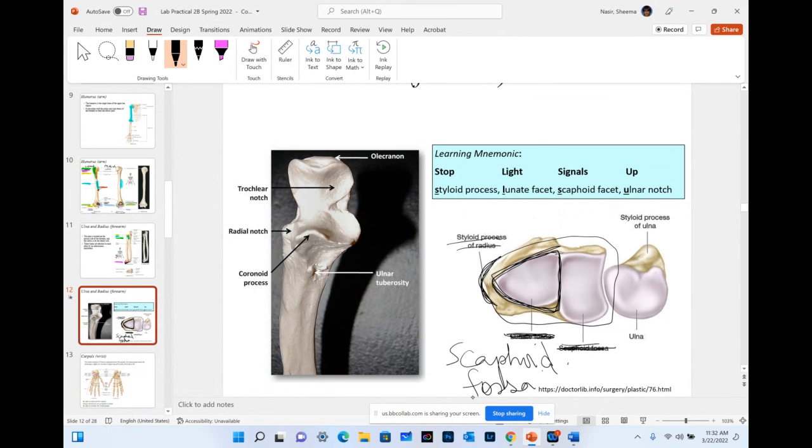And this one right here is lunate. You can call it fossa or facet: lunate fossa or scaphoid fossa. So the triangular one right next to the styloid process is your scaphoid fossa. And the one which is rectangular and away from the styloid process is your lunate fossa.